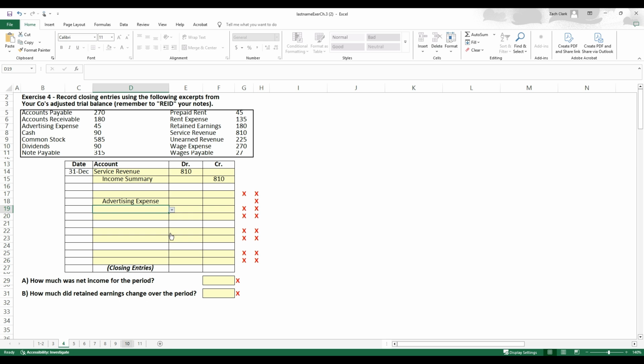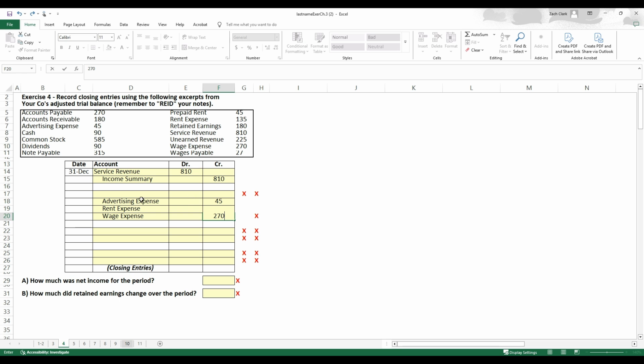So we're closing those to zero, and we are going to be putting those balances as a total into our income summary, essentially. So let's take a quick look at what that looks like. So again, we're going to credit all of our expense accounts for the exact amounts that they would have had as a debit balance before we do the closing.